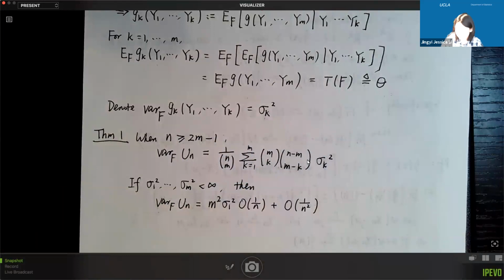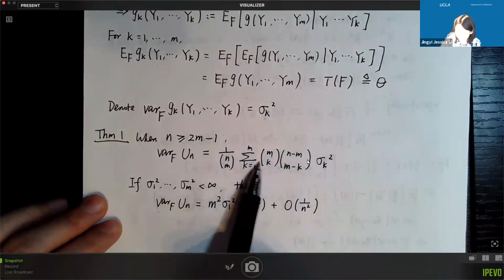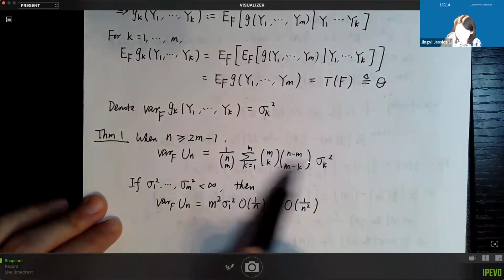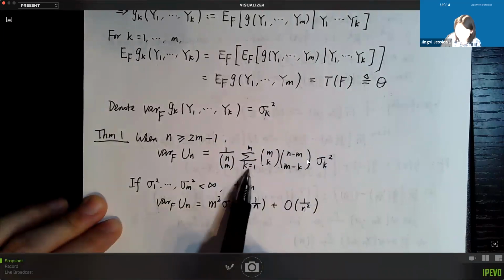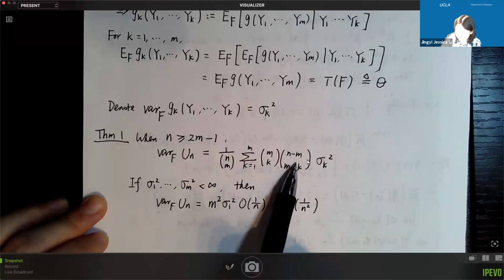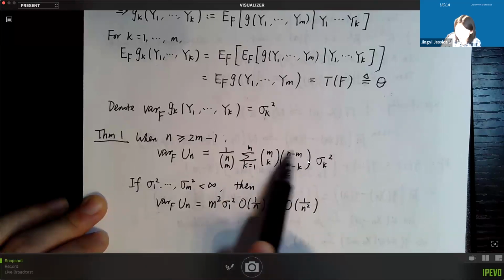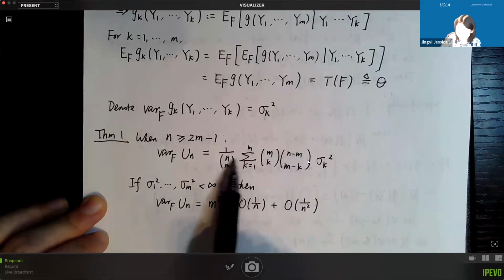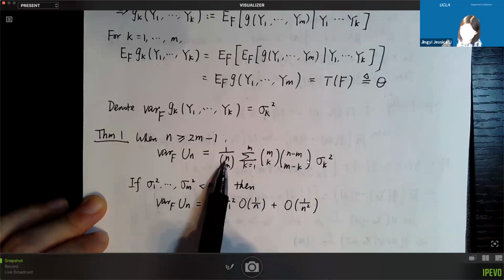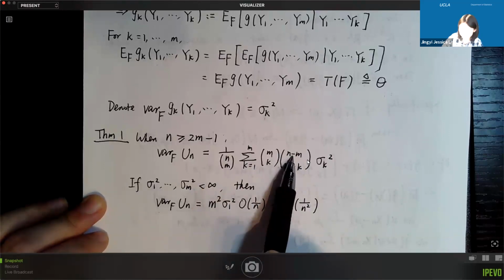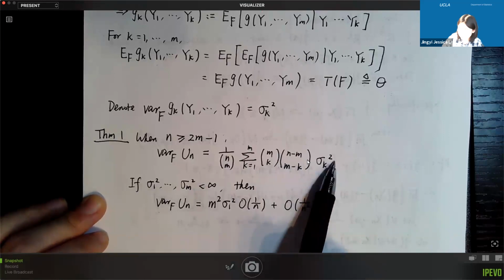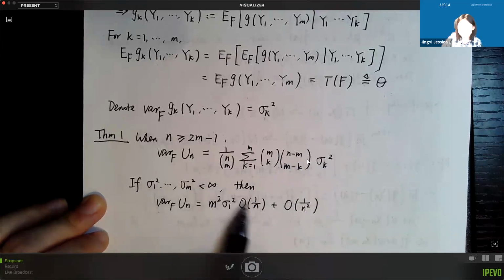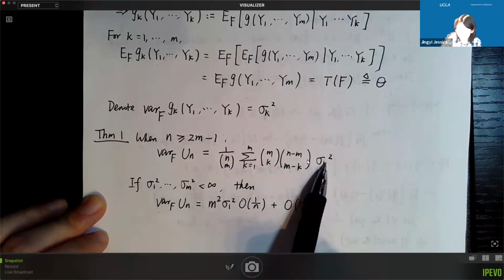The interesting thing is that in the summation, as k gets larger and larger, the order of n gets smaller and smaller. Once I do the cancellation, canceling the n in the denominator and the n in the numerator for each term, I can see that I'm dominated by the first term, which is the term with sigma_1 squared.